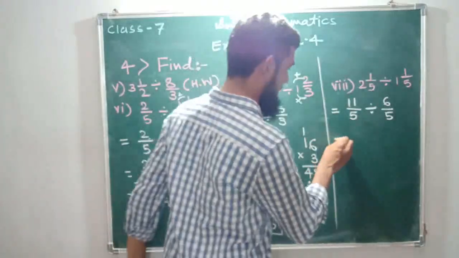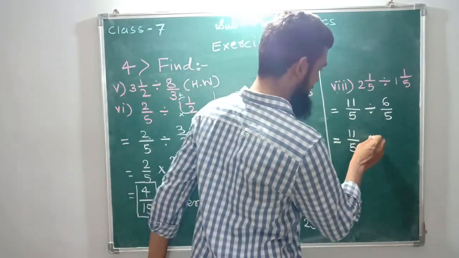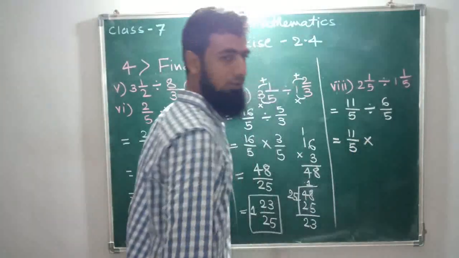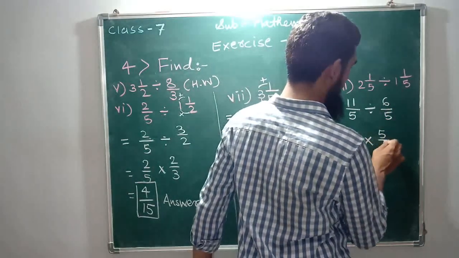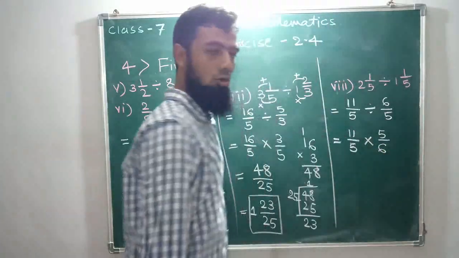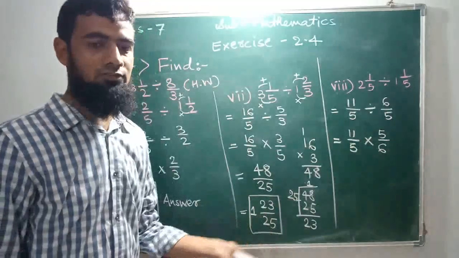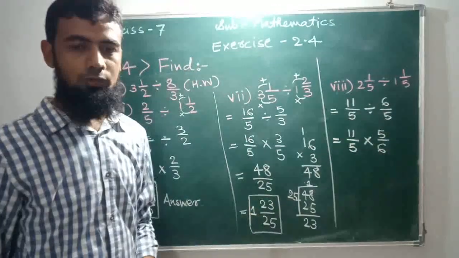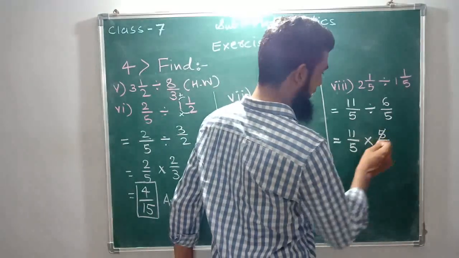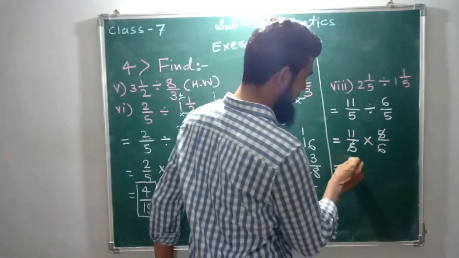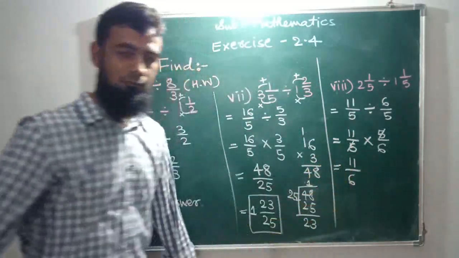Now 11 upon 5, convert division symbol into multiplication symbol. So here 5 upon 6. Okay, it is also known as a reciprocal, changing places numerator to denominator and denominator to numerator. Okay, here you can see 5 5 will be cancelled, so remaining 11 upon 6, it is improper fractions.